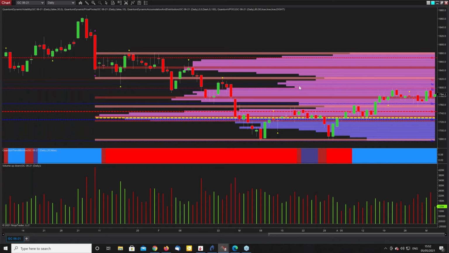So from a trading perspective, once we get through $1,800 an ounce, and you've got to decide how far away from that level is comfortable for you to get in, you can be assured that if there is a reversal, you've got some pretty serious support below. But once you're in, you would expect, all things being equal, that this price move through here will be relatively straightforward, because there's very little price-based resistance and a nice low volume region on the way up too.